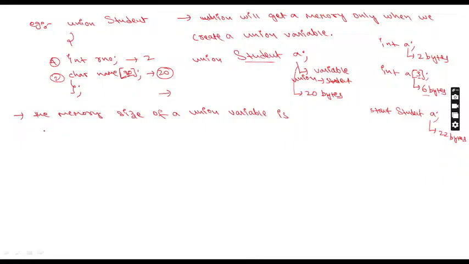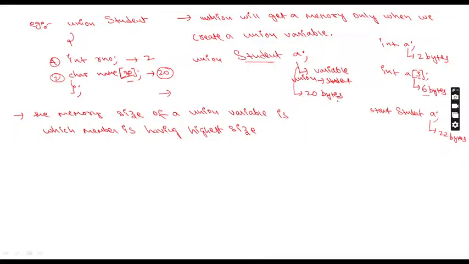Which member is having the highest size? 20. So in this example, it is 20 bytes. If I write 40 here, then it will become 40. Clear, everyone? So this is the generalized statement we have to write.